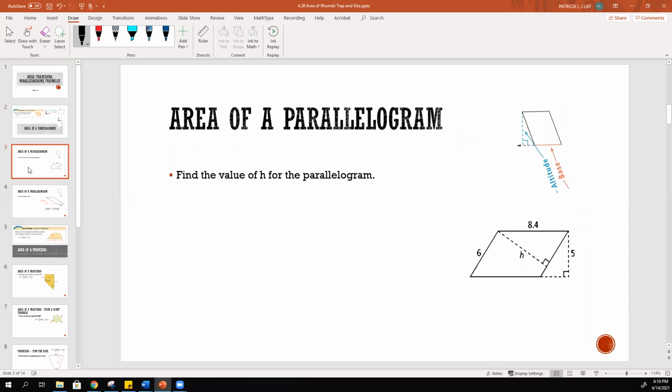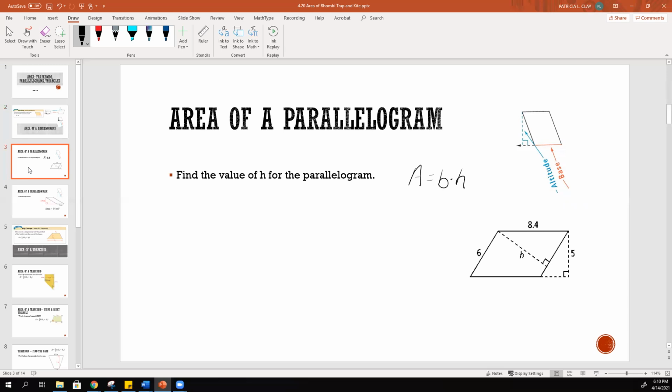Find the value of H for a parallelogram. I rotated the picture and put it up here so we have it. Remember, our formula is just area is equal to base times height. The problem is this time we're trying to find the height as opposed to finding the area. So if we look at our parallelogram, what do we have? We have base information, so we know those two would be the same. This would be 8.4, but we don't have our height.